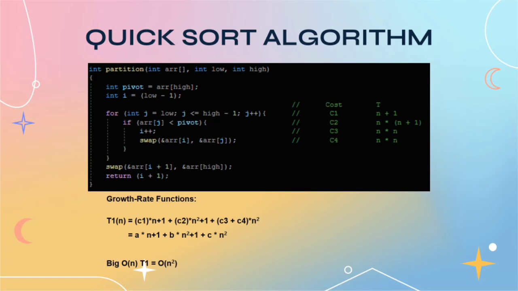As you can see, there are two things to calculate the algorithm, which are cost and times. Firstly, the for loop will be cost1 and the times will be n plus 1, followed by the if statement inside the for loop, so it will be cost2 and times equal to n times (n plus 1). In the if statement, there are cost 3 and cost 4, and the times will be n times n.